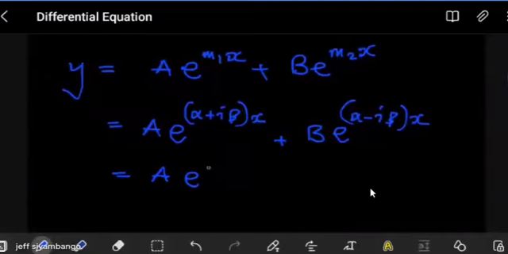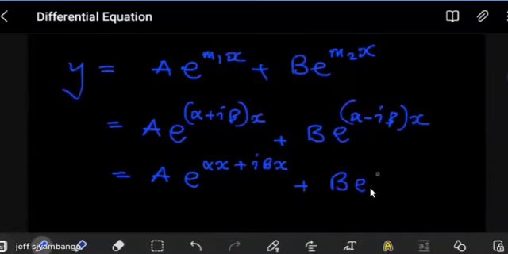So you have e to the alpha x plus i beta x, and then plus B, and then you have e to the alpha x minus i beta x.